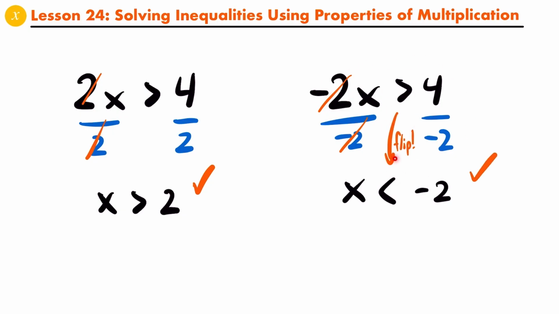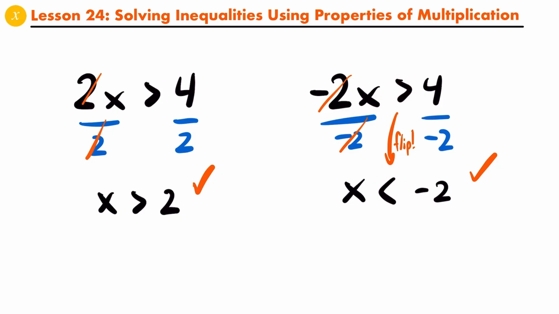All right, we had to flip that inequality sign since we divided both sides by a negative number. And that would be the case for any type of inequality. Whether the original inequality had a greater than sign, a less than sign, a greater than or equal to sign, or a less than or equal to sign, no matter what it is, if you multiply or divide both sides of that inequality by a negative number, you have to flip or reverse that inequality symbol.